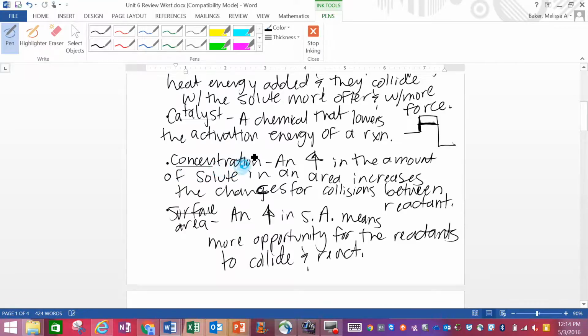So even though dissolving is an example that I gave, that's not a reaction. Dissolving is a physical change. It's ions that are separating. It's still similar in that when there's more opportunity for those reactants to come in contact with each other, they'll react faster.